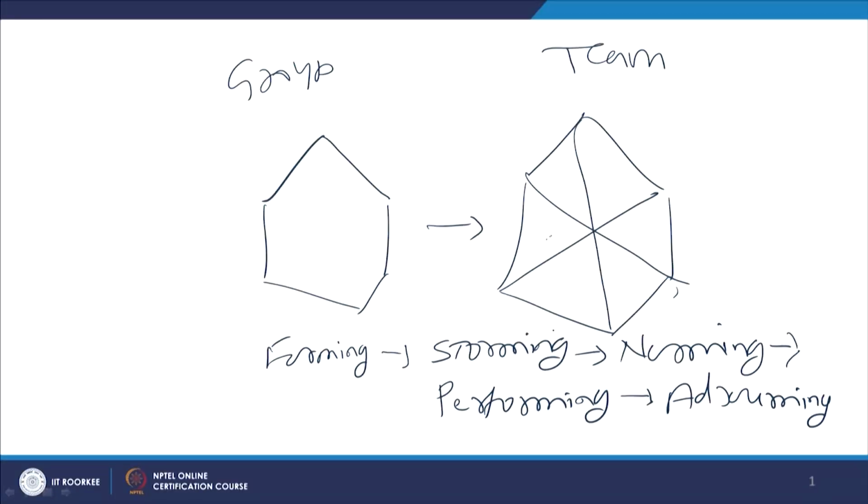Now, when we talk about this particular diagram, here we are connecting all these members to each other, and that is the role of a trainer. The trainer has to understand what type of personalities and group members are there, and then how to convert the group of trainees into a team, so that we can have effective training.